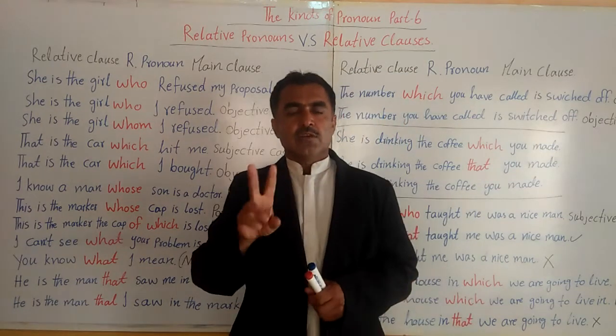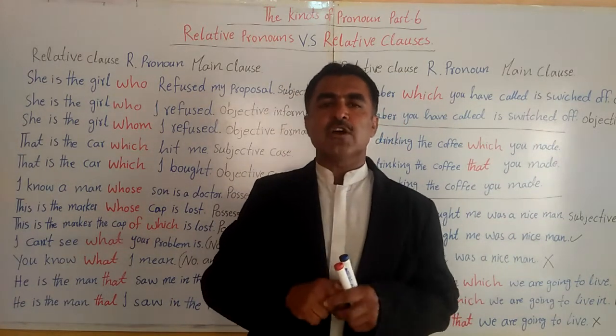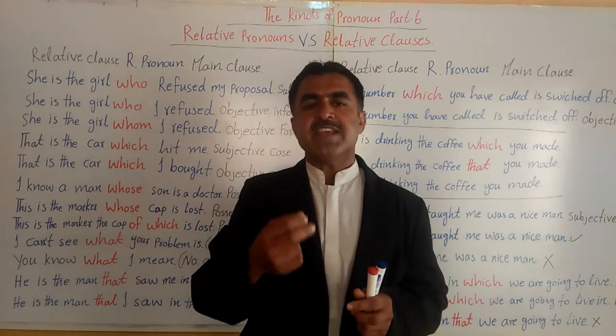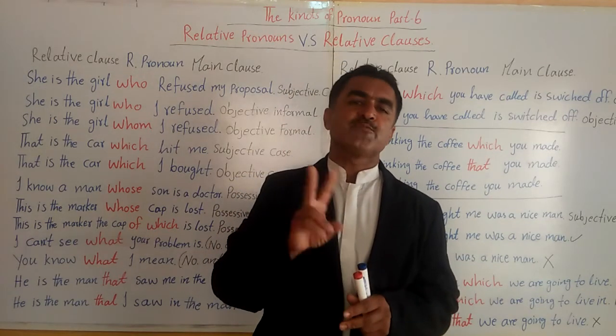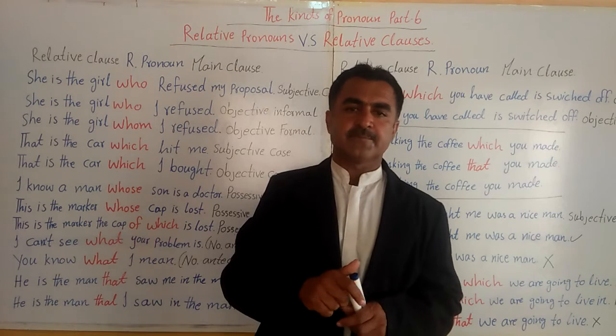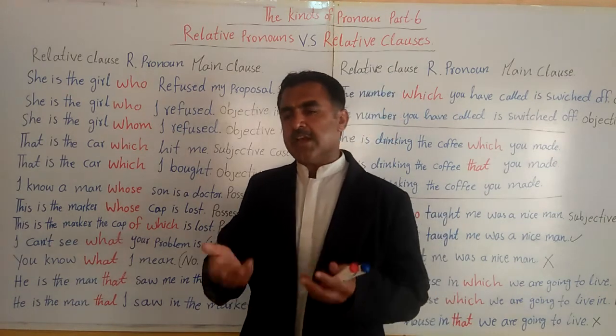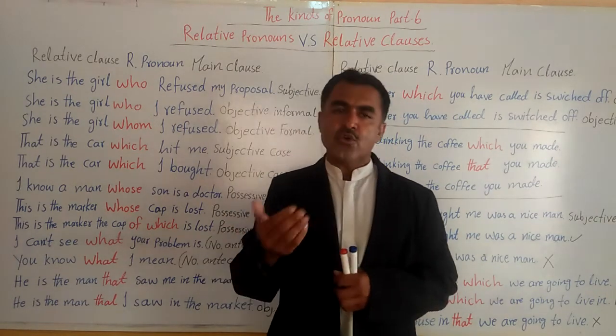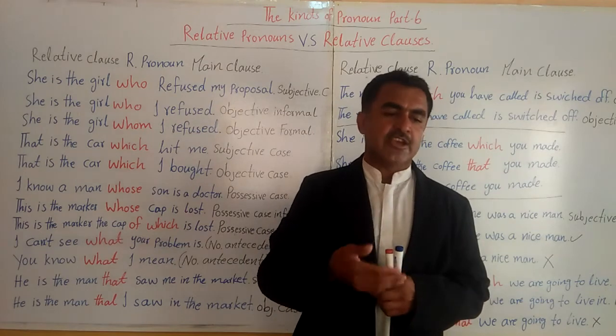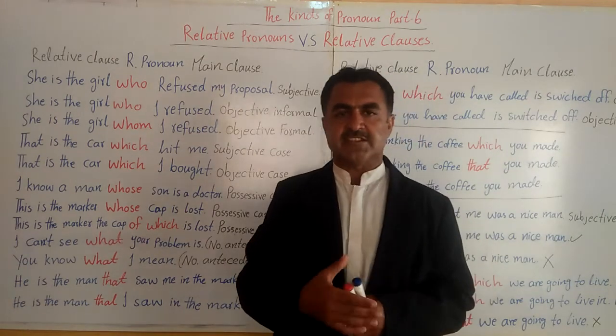Okay. Mostly who is used for subjective cases for human beings. Whom is used for objective cases for human beings. But in informal cases, who is also used in objective cases.